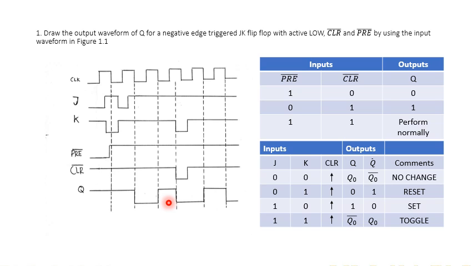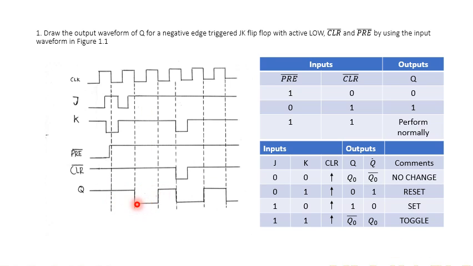Then clock 3 here is the same as clock 2. Because both J and K values are equal to 1, it will toggle. So the answer will be the opposite of the previous answer.